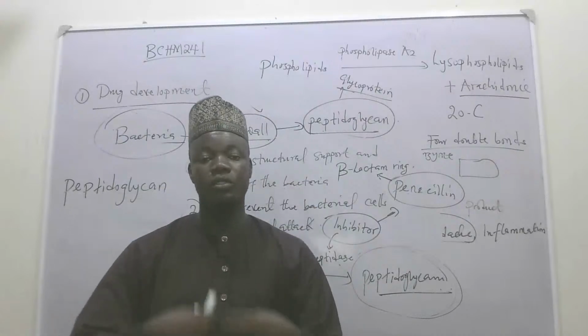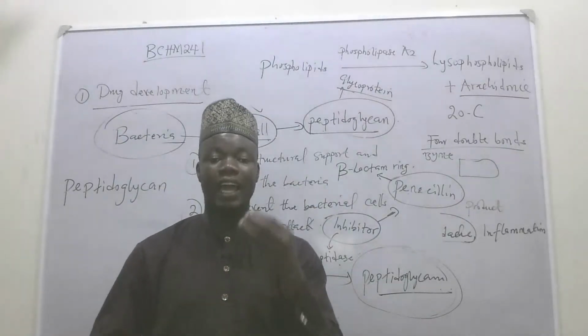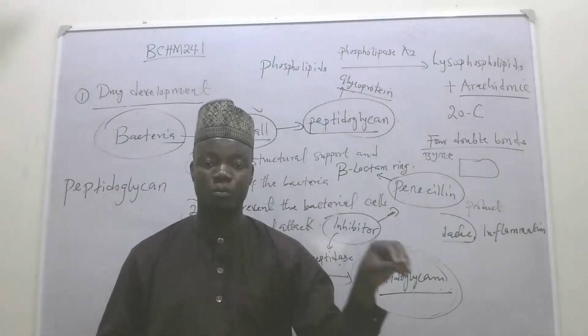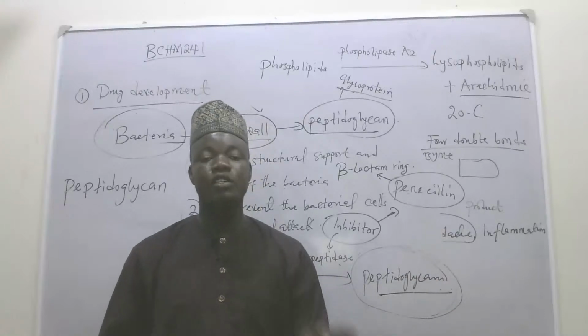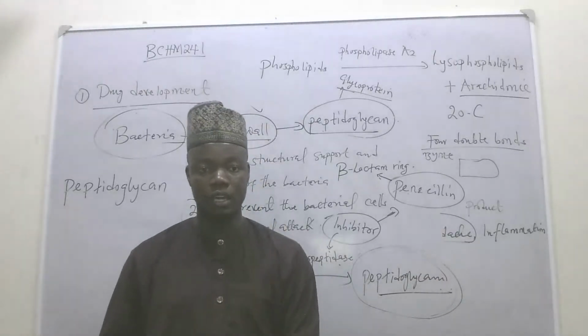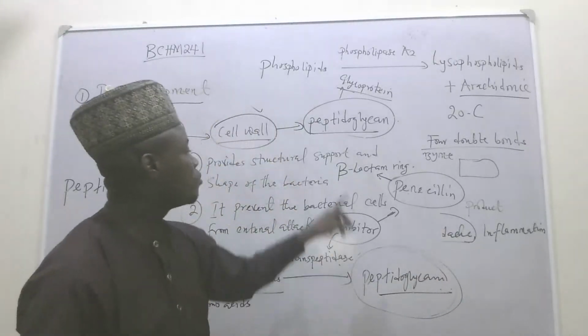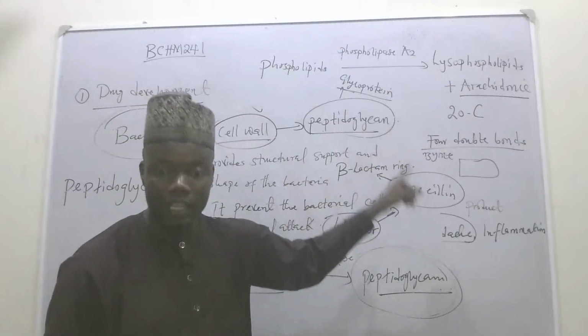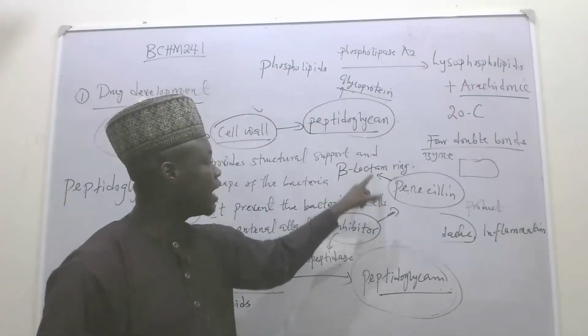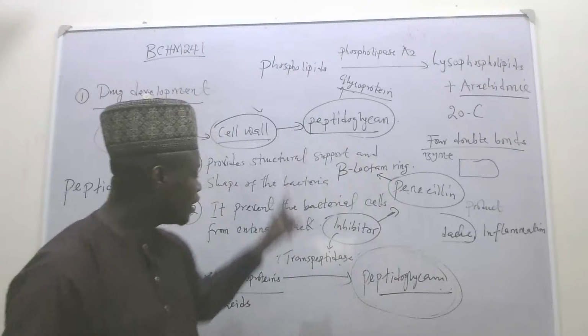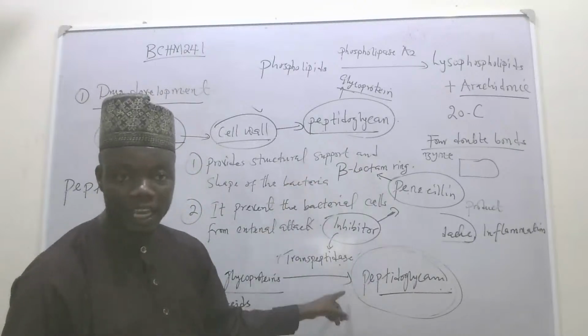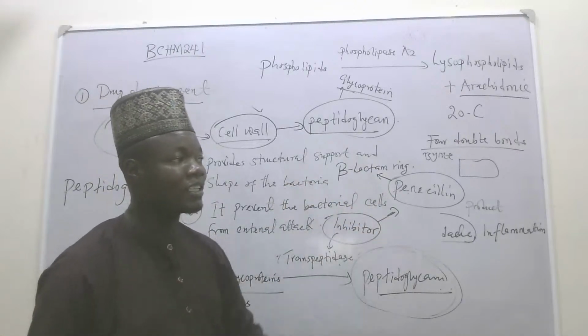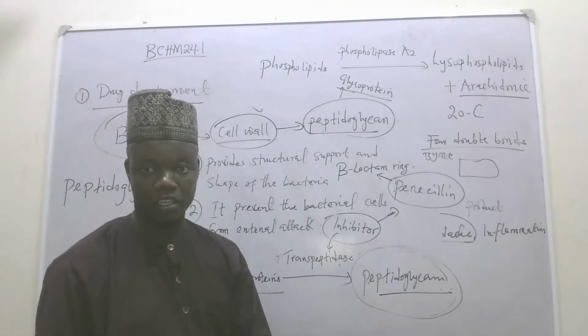These antibiotics called penicillin have a very important component in them, called the beta-lactam ring. It is this beta-lactam ring that interacts with transpeptidase enzymes and blocks their activity.